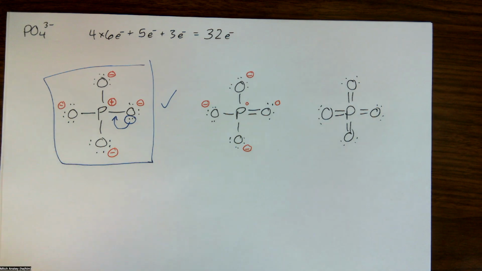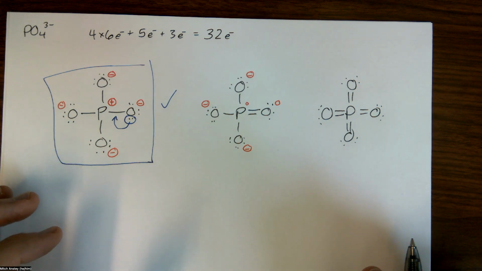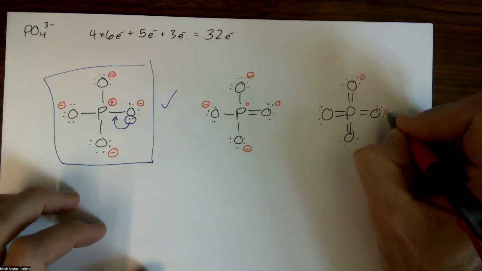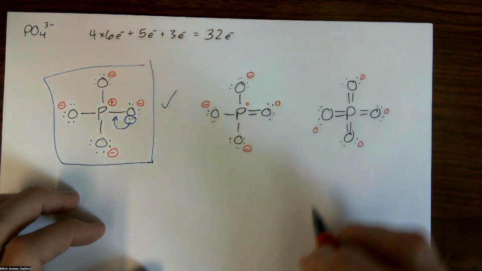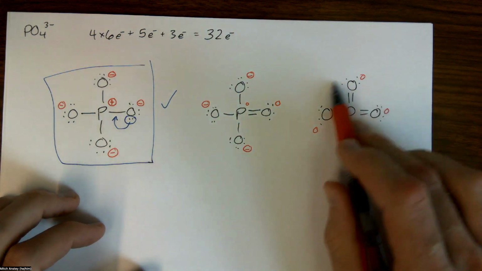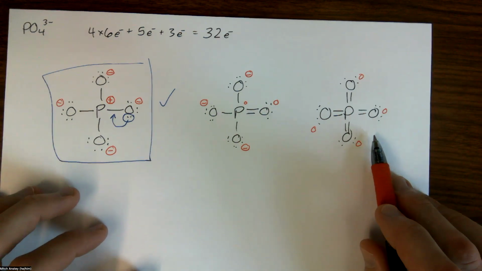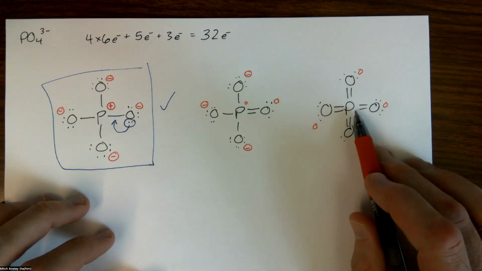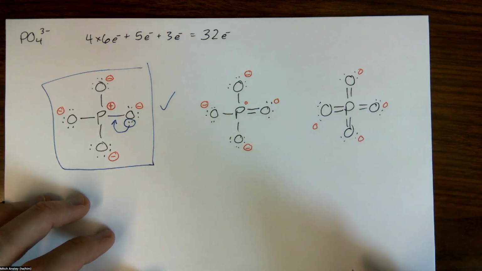It could have enough to make all of these bonds along with its s and p set. But let's now do formal charges. Oxygens are all going to be 0. But given that all of those oxygens have a 0 formal charge and the molecule still needs to have an overall 3 minus, that 3 minus must be located on the phosphorus atom.